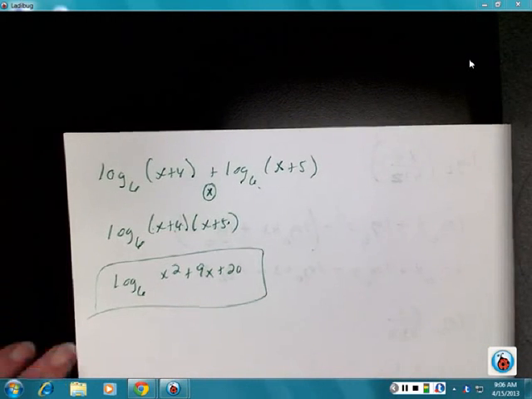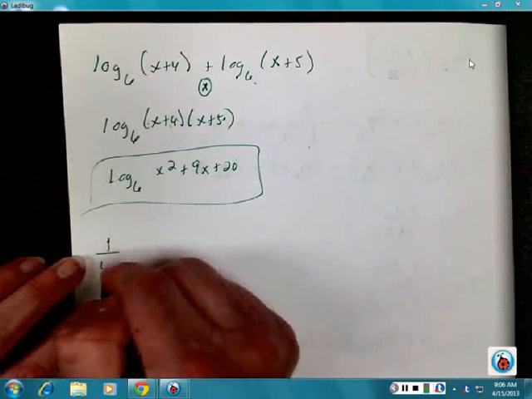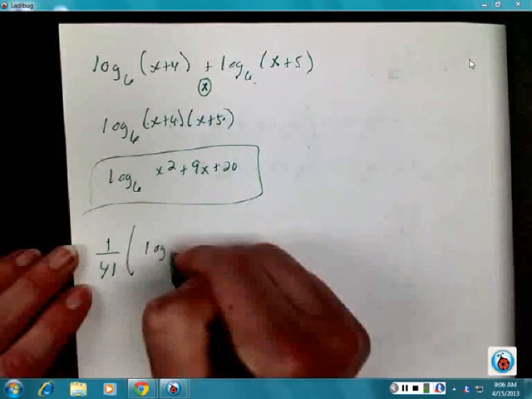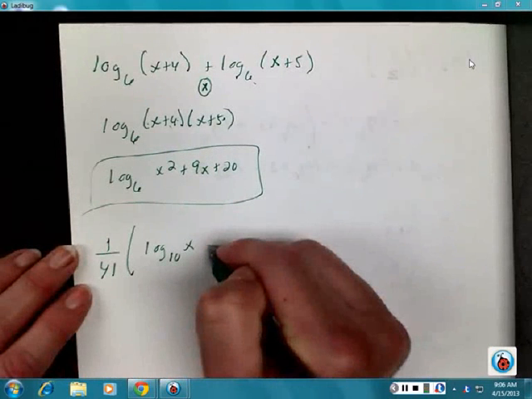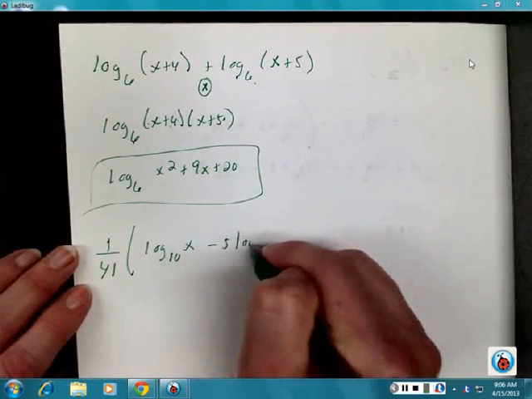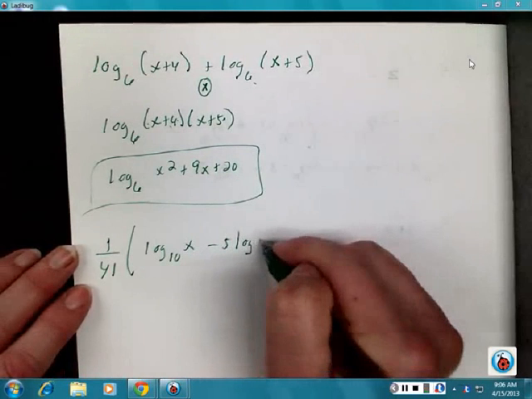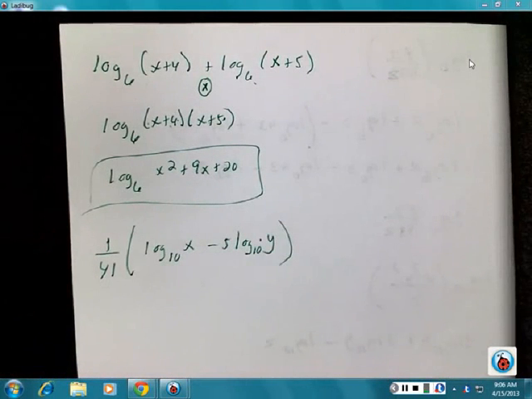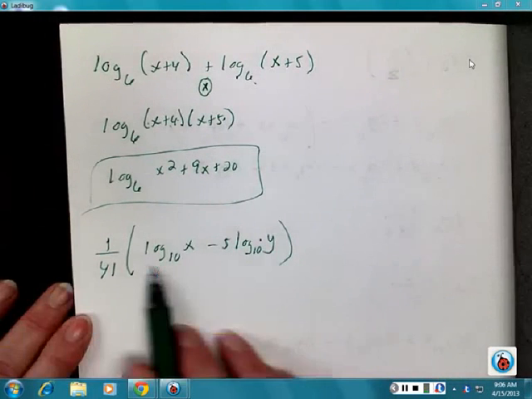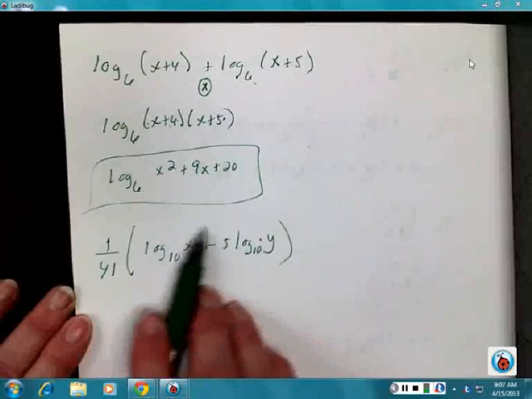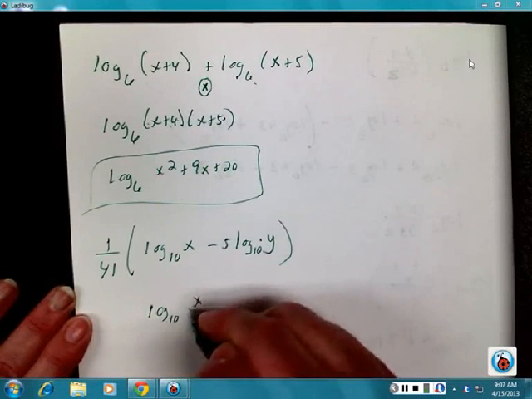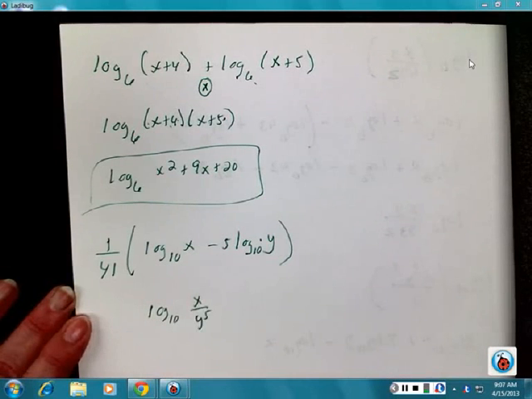One that is, and again, I didn't run across many of these. But they're still in there, and so this one means that if I put this piece back together in the center, it's log 10x over y to the 5th power.